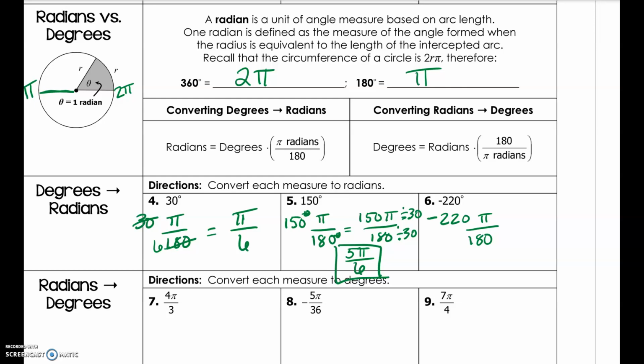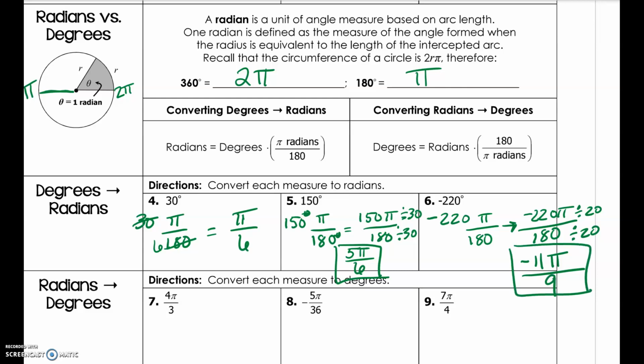So when I multiply this then becomes, let's put a little arrow, I don't want to do equal sign just yet, 220 pi over 180, common top and bottom 20. I see a 20 in the top and I see a 20 in the bottom. So then that gives me a negative 11 in the top, negative 11 pi over 9. And that's the answer there.